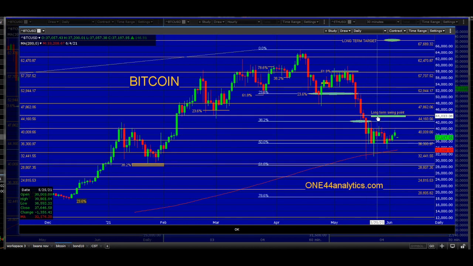So until they can get through 38% back of this move down, which is up here around the 43.50 level, until that happens, we're still looking for either 61.8 and then also 78.6 at the 18.5 area.